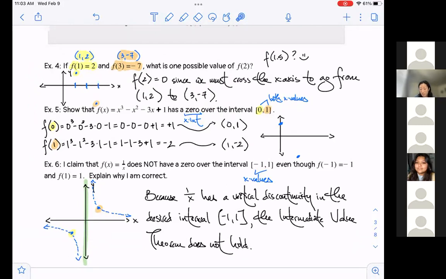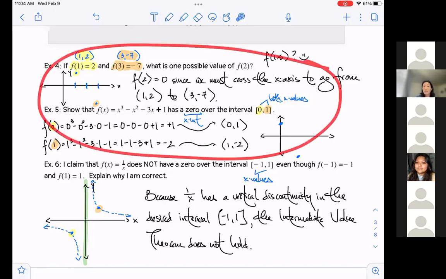So the gist of this theorem is going to be that if a function is continuous, we can guarantee that we achieve certain values. But if a function is not continuous, we're not necessarily guaranteed.